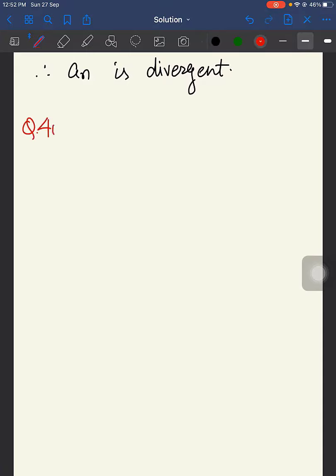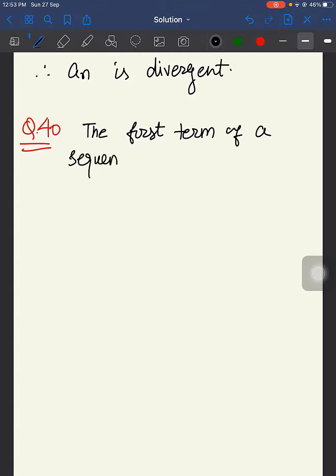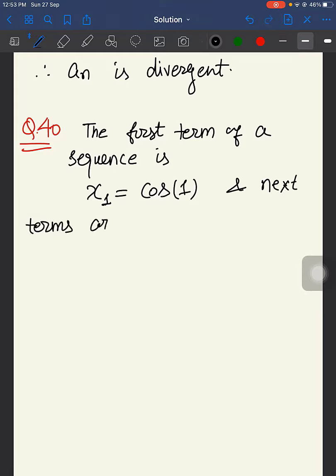Question number 40. Given that the first term of a sequence is x1, which is cos 1, and the next terms are x2 is equal to x1 or cos 2, whichever is larger.